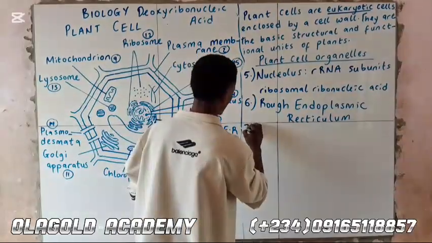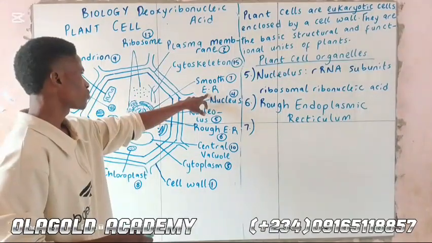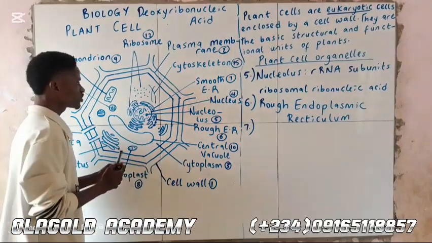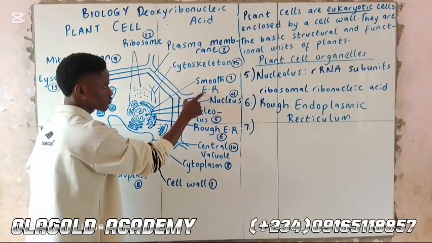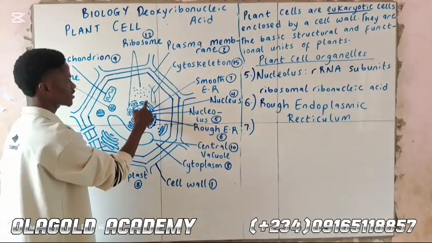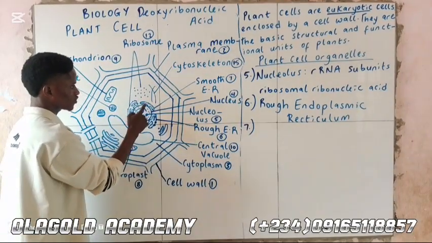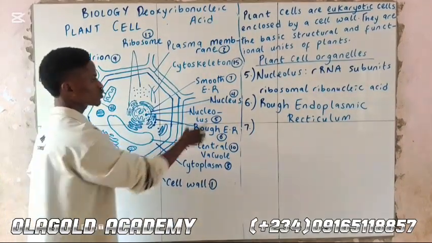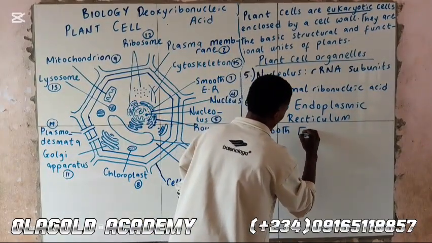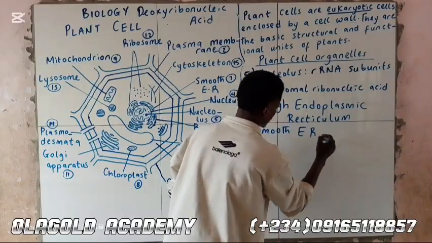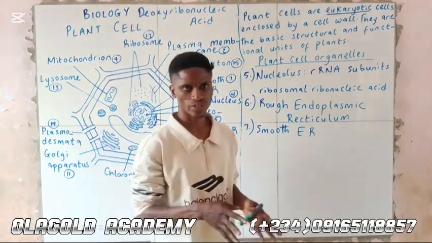Alright, number 7 now. Number 7, we have the smooth endoplasmic reticulum. If we check the smooth ER or the smooth endoplasmic reticulum, this one has no ribosome attached to it. There are no ribosomes attached to it. Now this smooth endoplasmic reticulum, its own work is to synthesize lipids.